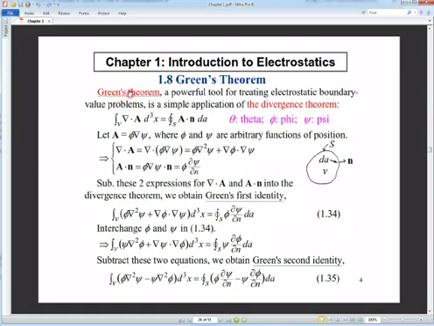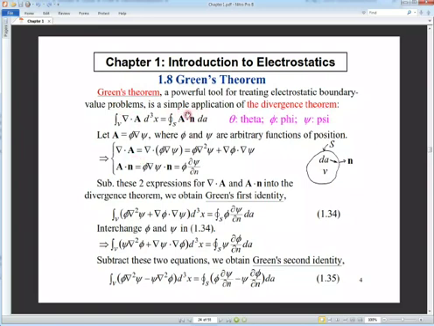What is Green's theorem? This theorem is a powerful tool for treating electrostatic boundary value problems, and is a simple application of the divergence theorem.